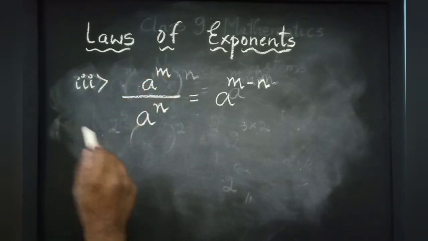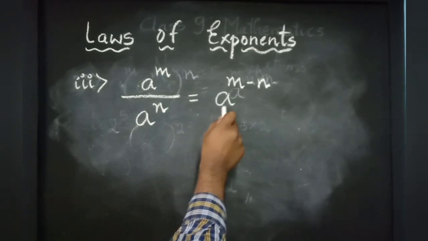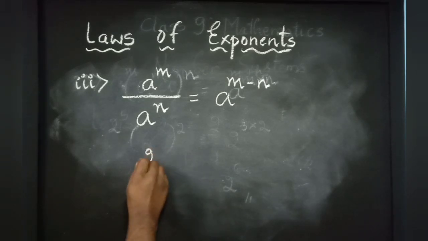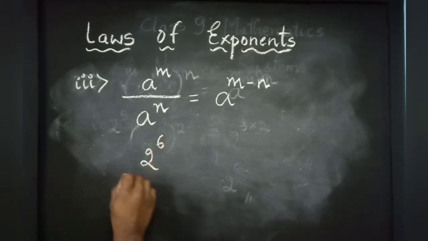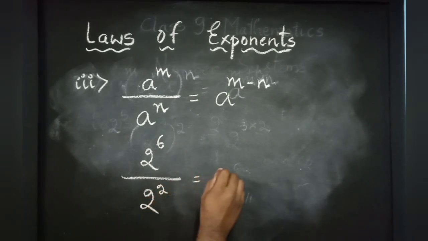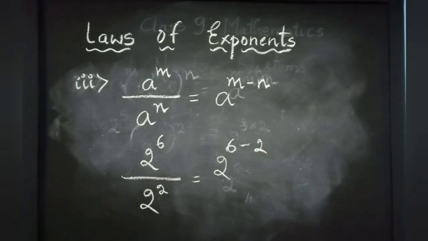Example, 2 power 6 divided by 2 power 2 can be written as 2 power 6 minus 2, which is nothing but 2 to the power 4. This is an example for third law of exponent.